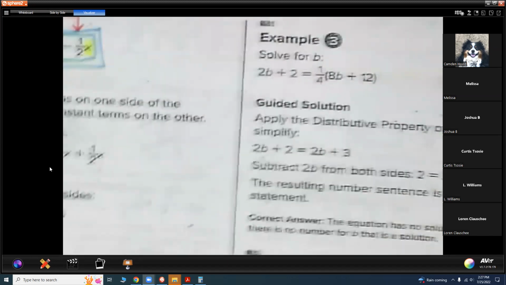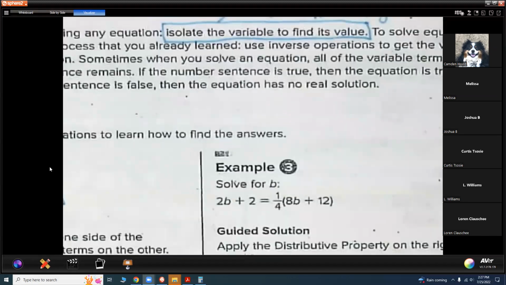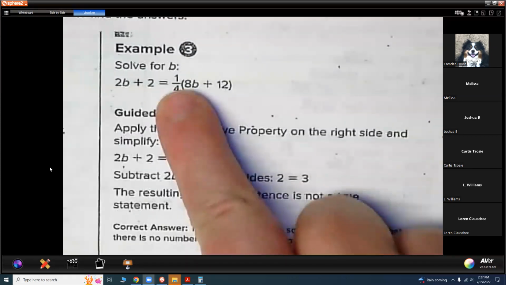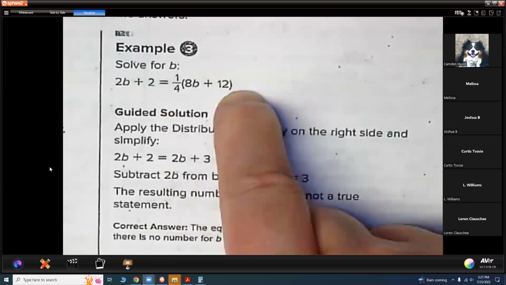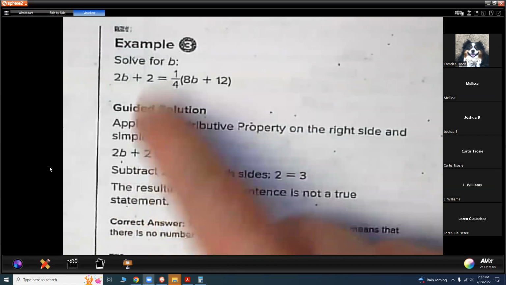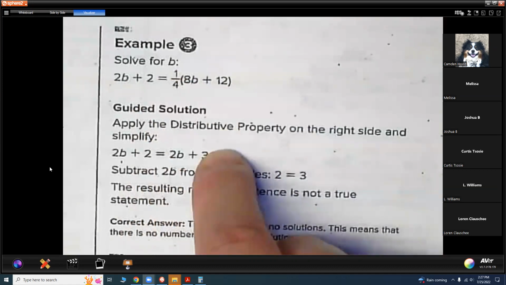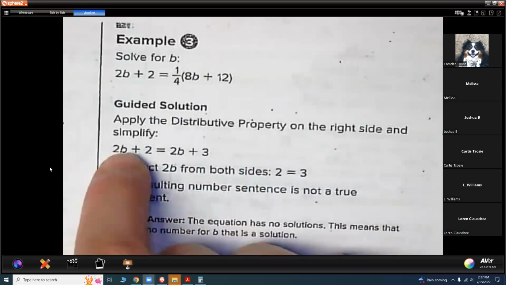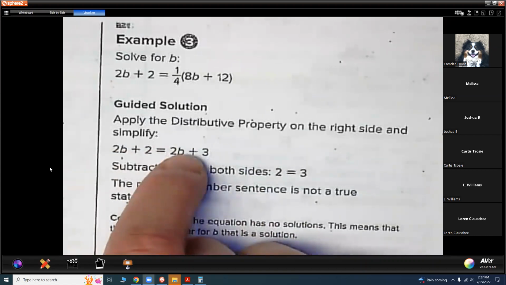So example 3, we'll get the opposite situation. Once again, start here by distributing my 1/4. 1/4 of 8b is 2b, 1/4 of 12 is 3. As you can see, I've got positive 2b on both sides of my equation.